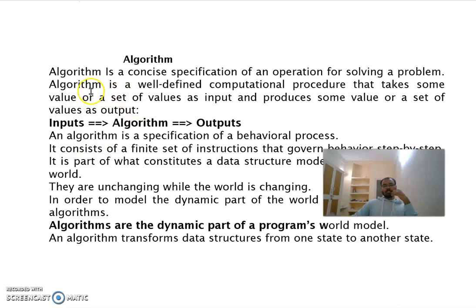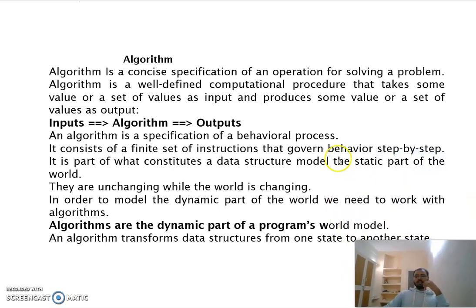When it comes to algorithm, an algorithm is a concise specification of operations for solving a problem. To solve a given problem, or if one writes some program about student details, we need a concise specification of operations or steps.